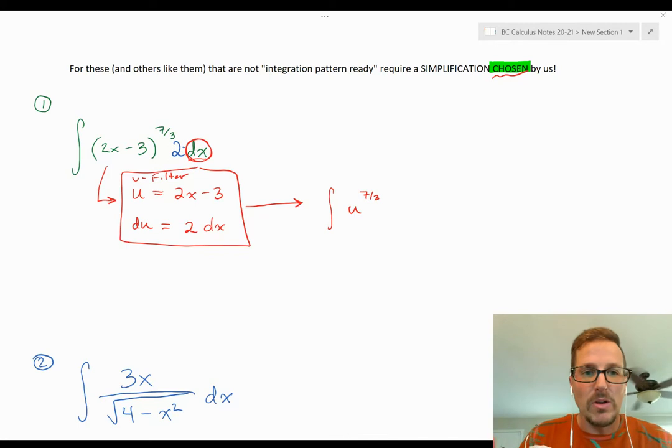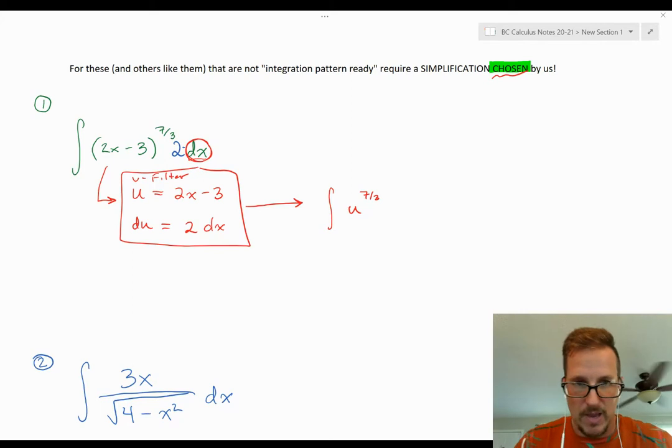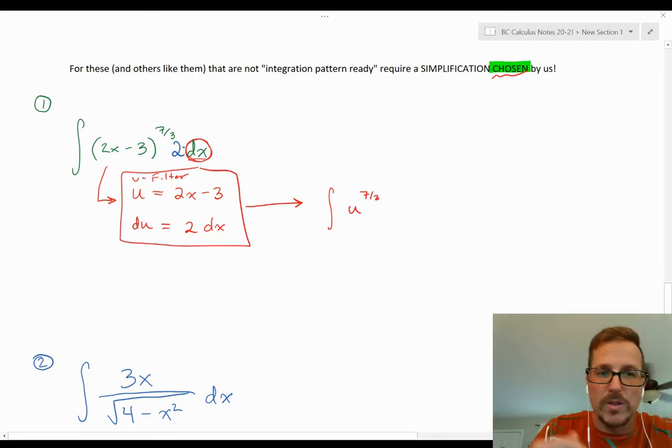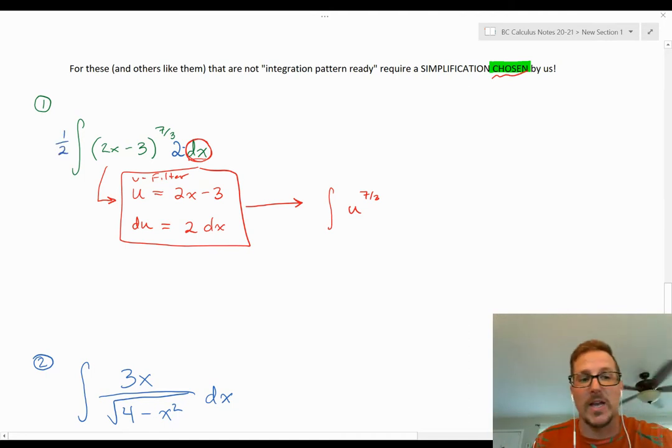So I also need to multiply by the reciprocal, thus multiplying the function by 1 and keeping everything the same. So I'm going to multiply by 2 to manufacture the 2dx, but I'm also going to multiply by 1/2, and I can do so on the outside because constants can be pulled in and out of the integral. We know that.